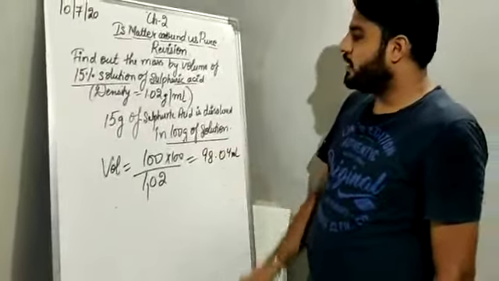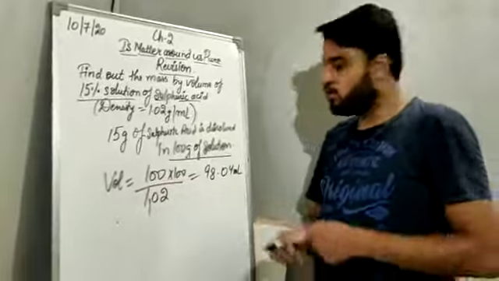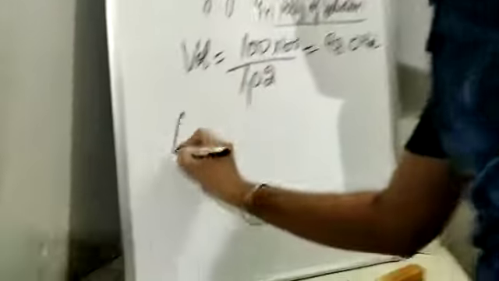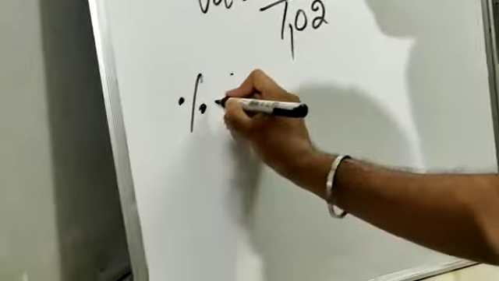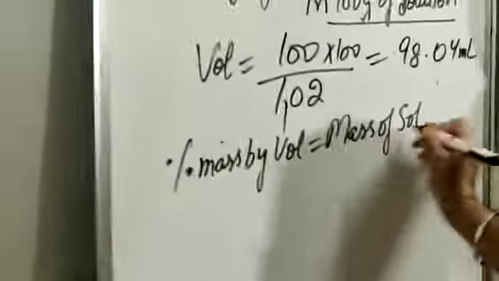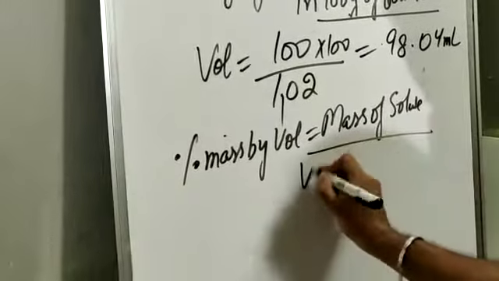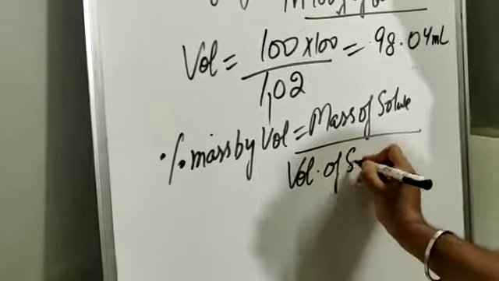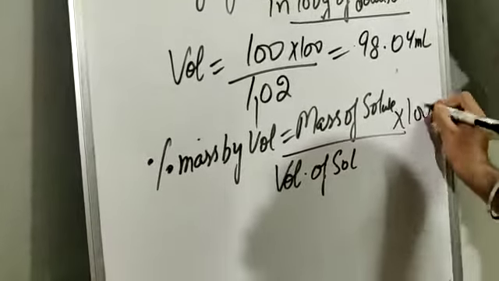Okay. Now you have the volume, and you also have the mass of solute. So just put it in the formula: percentage mass by volume is equal to mass of solute upon volume of solution into 100.